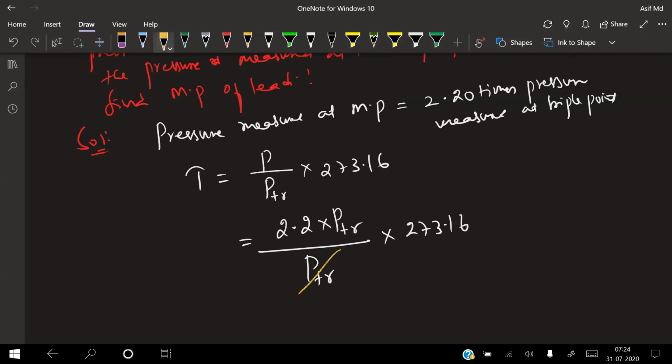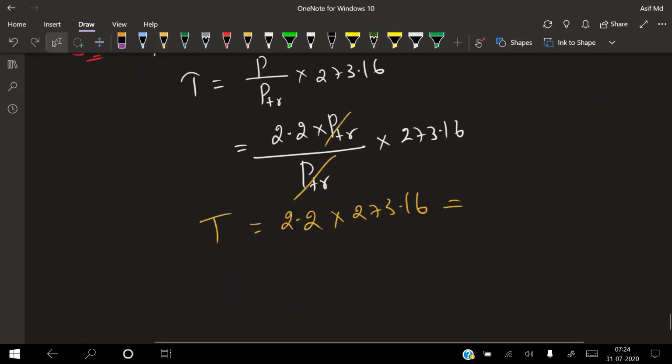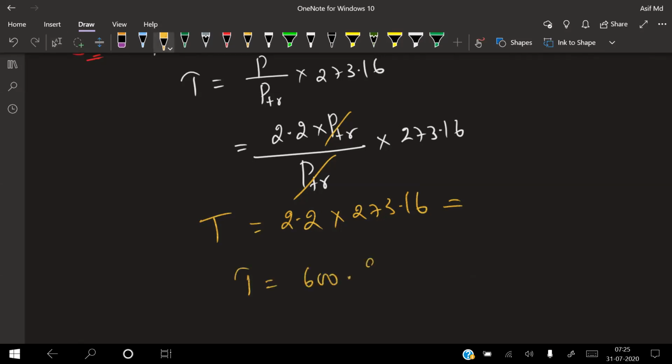So this temperature equals 2.2 times the pressure at the triple point, divided by the pressure at the triple point, into 273.16. The triple point pressure gets cancelled, so I get 2.2 into 273.16, which is 600.952. Rounding it off, that is approximately 601 Kelvin. Option 1.